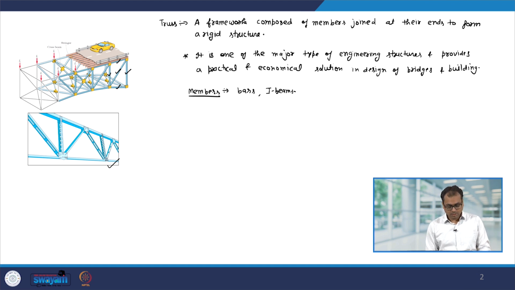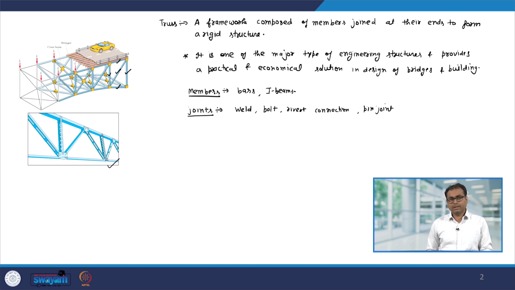Now, we can also see in the truss that these members or bars are joined at their end. So, there are joints. These joints can be by welding, by bolting, they can be rivet connections, or more commonly it can be a pin joint.